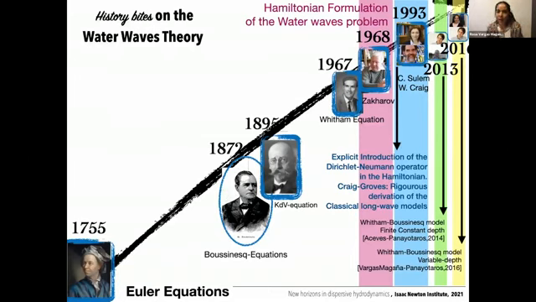And then Aceves and Panagiotaros, in 2013, introduced the Whitham-Boussinesq model from this Hamiltonian framework, using the Whitham heuristics, substituting the dispersive term in the weakly nonlinear expansion of the Dirichlet-Neumann operator. And I, in 2016, in my PhD thesis, introduced a Whitham-Boussinesq variable depth model.